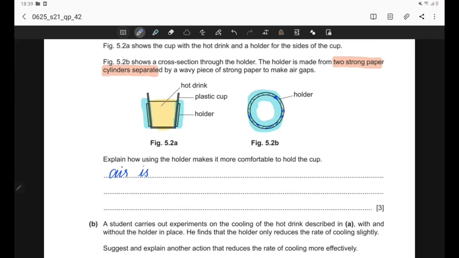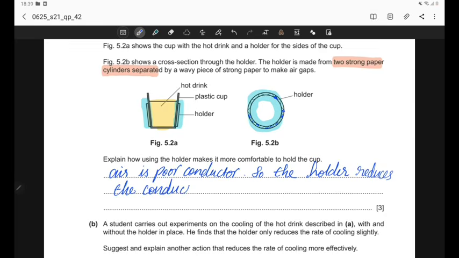Air is a poor conductor. So the holder reduces the conduction. As the holder consists of a lot of air in between the gaps, therefore, the temperature of the outside of the holder reduces.